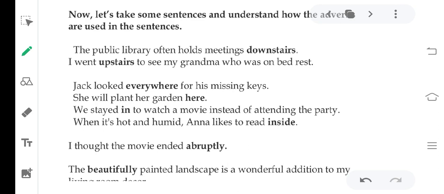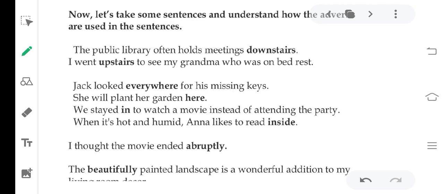According to the situation, according to the context, the place and usage of adverbs will change. Second one, I went upstairs to see my grandma who was on bed rest. See, in the second sentence, the same kind of word, upstairs, was used between the subject and verb, after the verb it was used, right?